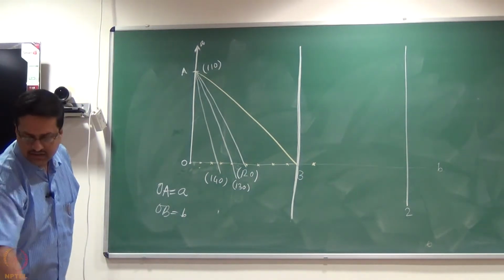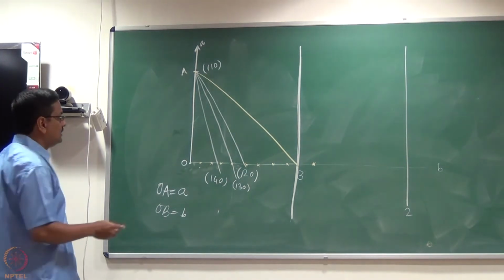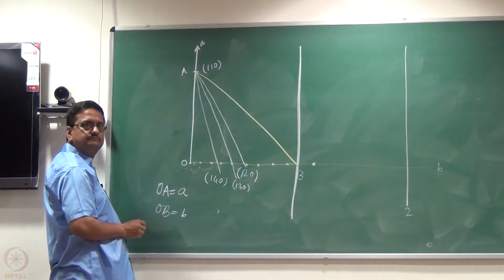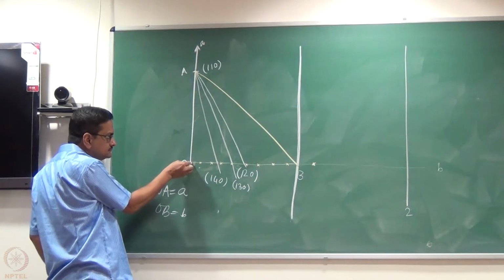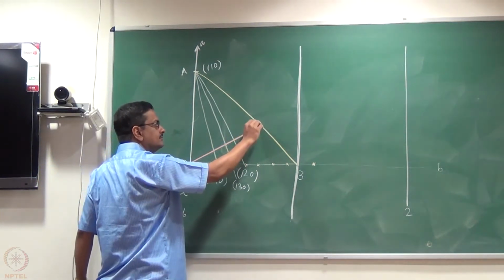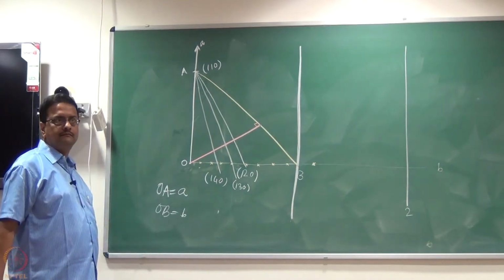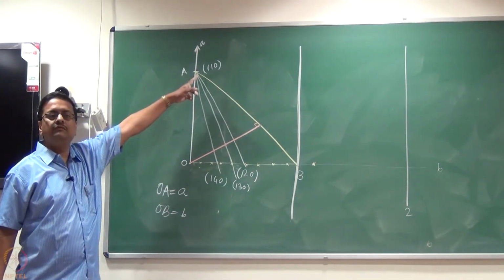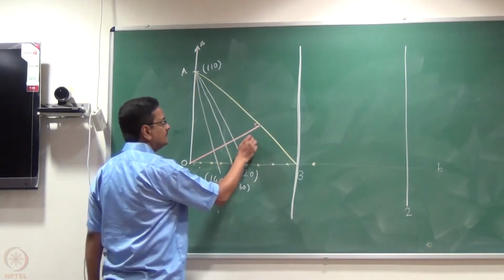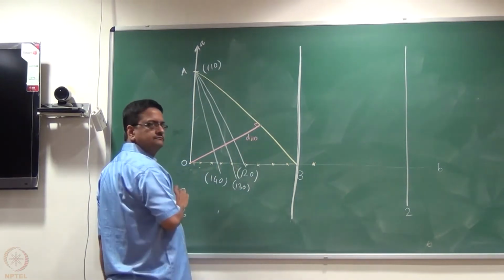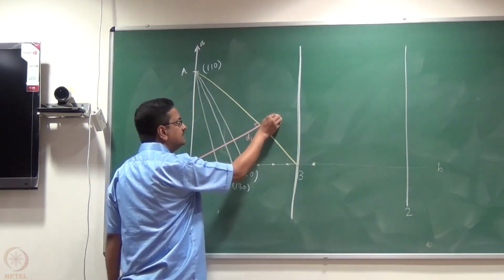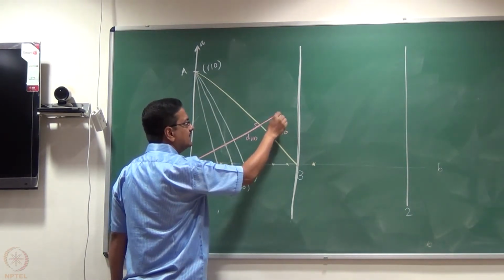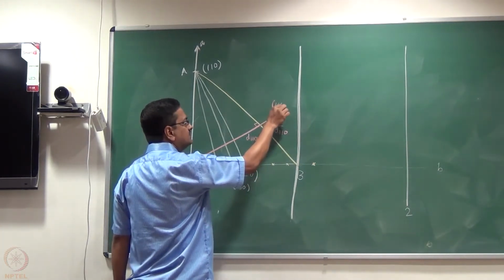So now the next thing that I am trying to do is to draw perpendicular from origin to all these planes. What is this distance? D110. I cut this point here at a distance 1 by D110 and mark this point as 110 reciprocal lattice point.